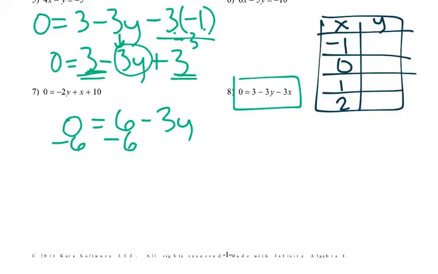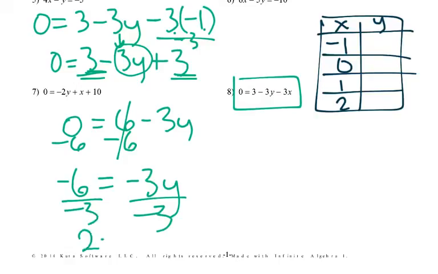So we subtract to make that 0, so we're left with -3y. Remember that minus stays with the 3, and we think of it as a negative. 0 minus 6 is -6. Then we just simply divide by -3, and we get a positive 2 equals y. Okay, there's our first number.